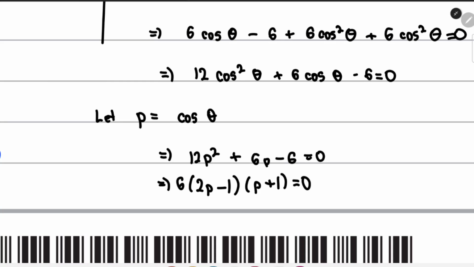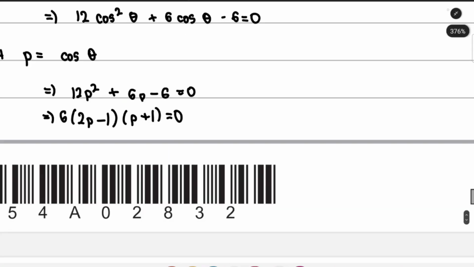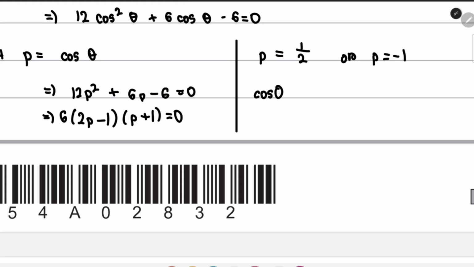You can also just use the calculator for this. So p is either half or p is minus 1. So cos theta is half or cos theta is minus 1.